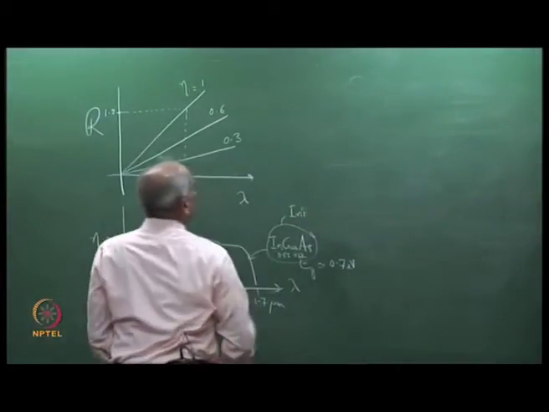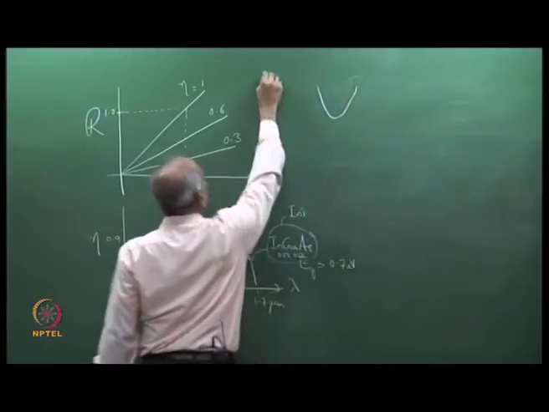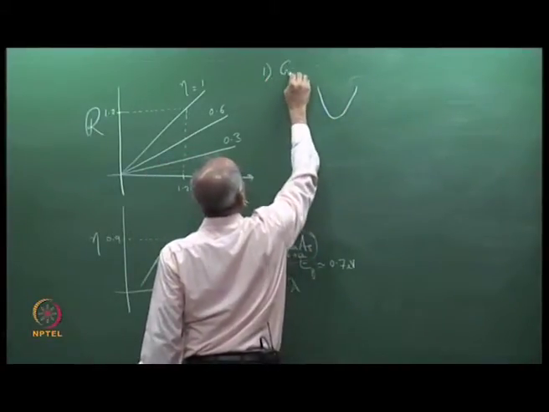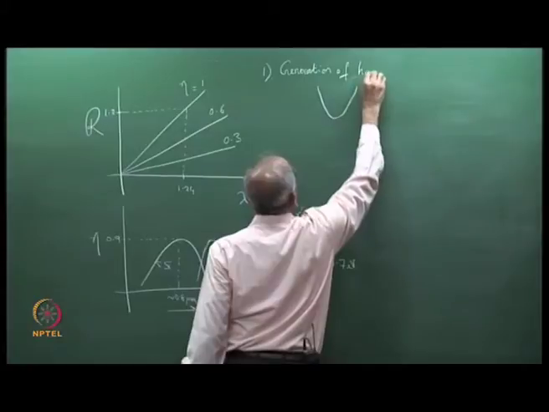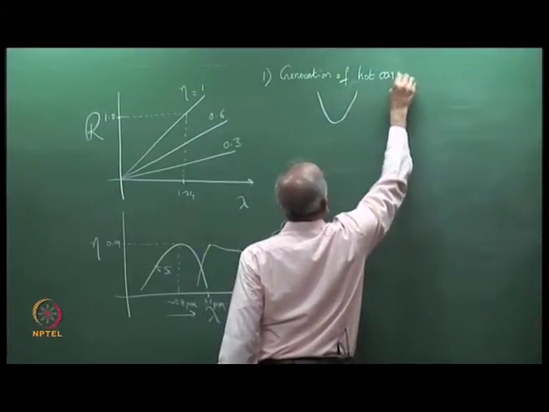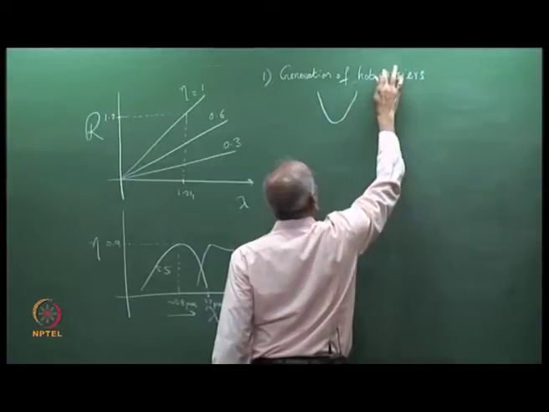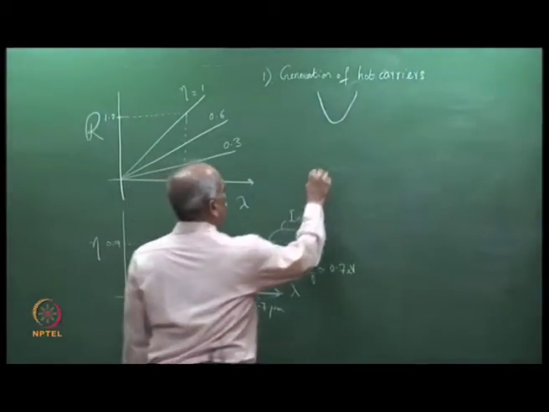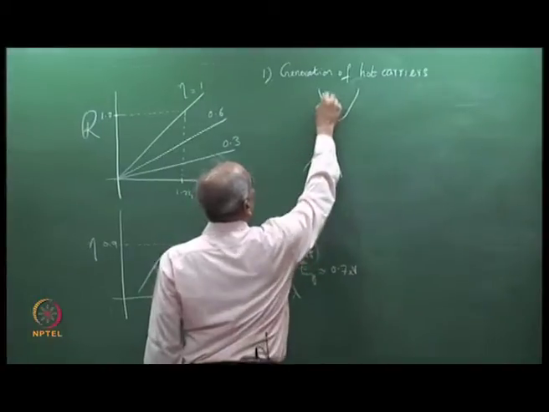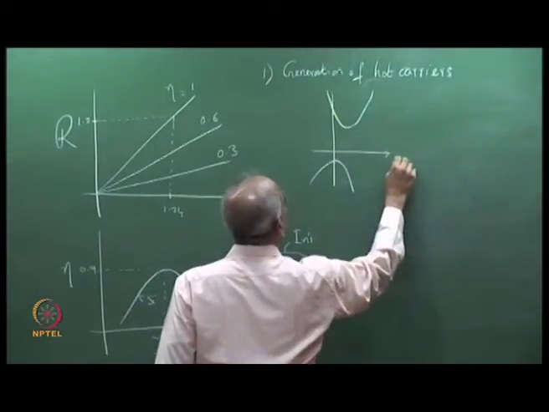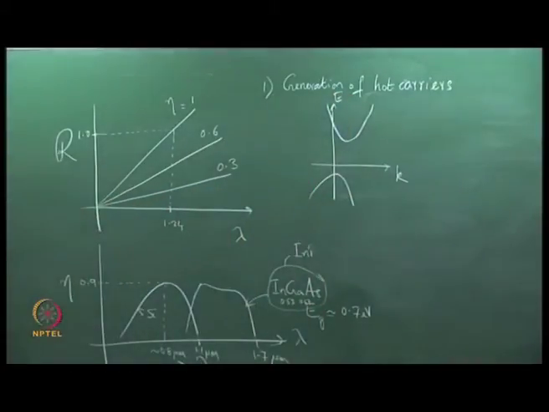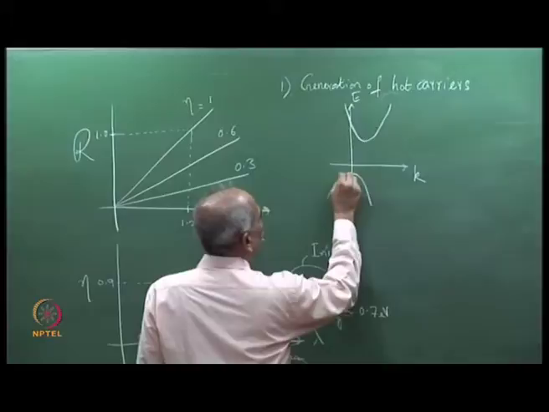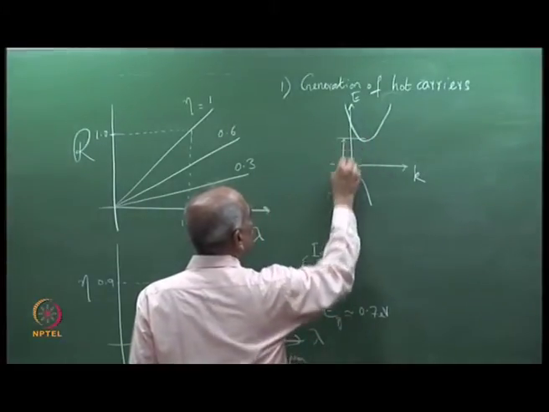One, as energy increases, first, because of generation of hot carriers. If you take the band gap here, this is the E-K diagram, K versus E. I have drawn an indirect band gap semiconductor to indicate that it is silicon, for example. And when the energy is larger, this is the Eg.